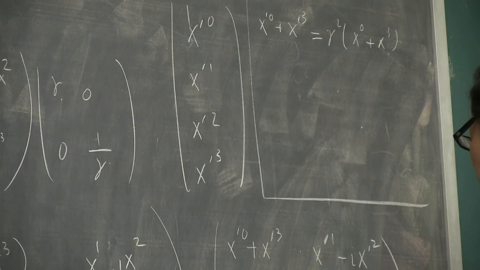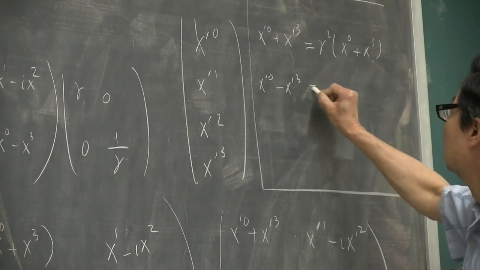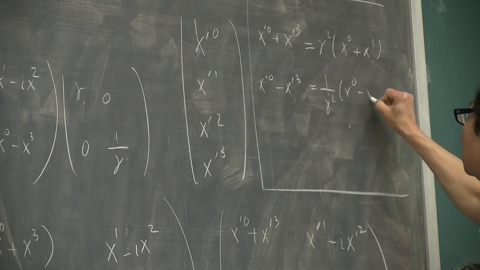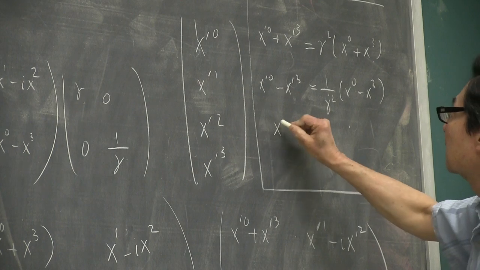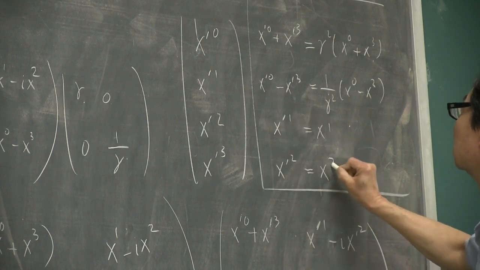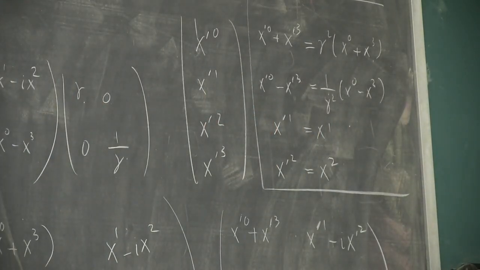And then x prime 0 minus x prime 3 is equal to 1 over gamma squared, x0 minus x3. X prime 1 is equal to x1, x prime 2 is equal to x2. These are the transformation equations between the coordinates in Minkowski space brought about by that particular element in the Lorentz group, which is doing the transformation. Okay?